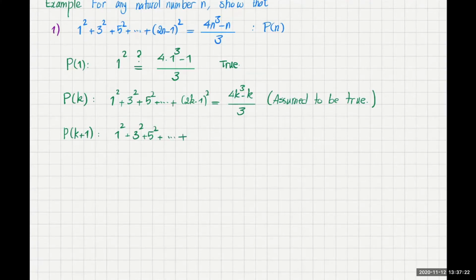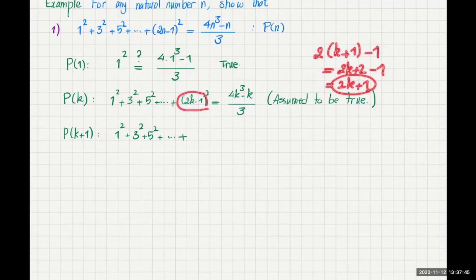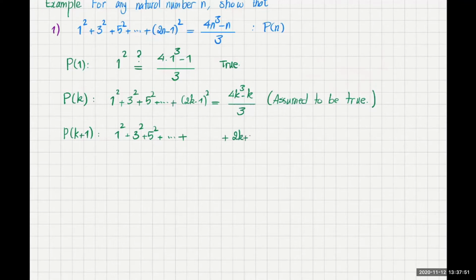You need to replace k with k plus 1, so you have to write brackets around it: 2(k plus 1) minus 1. If you simplify that, it becomes 2k plus 2, and then minus 1, so it becomes 2k plus 1 at the end. So if I replace k with k plus 1, this expression becomes (2k plus 1) to the 2.